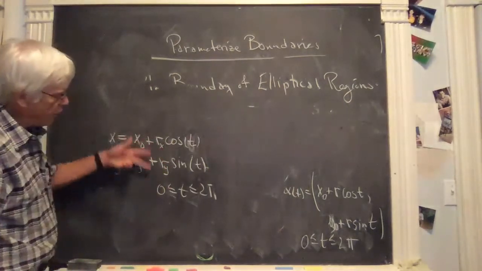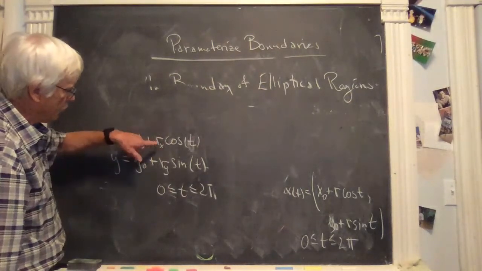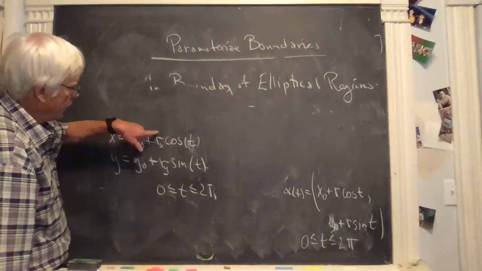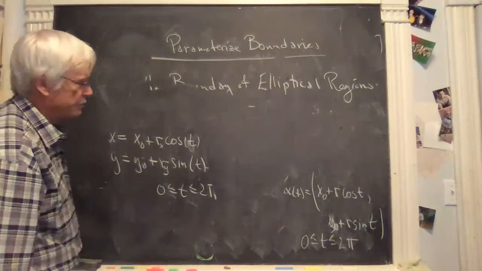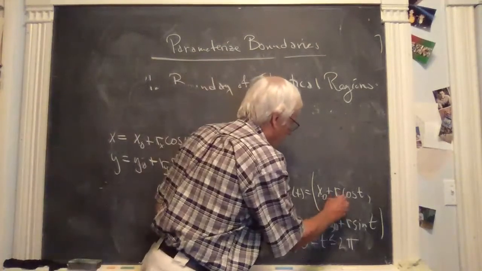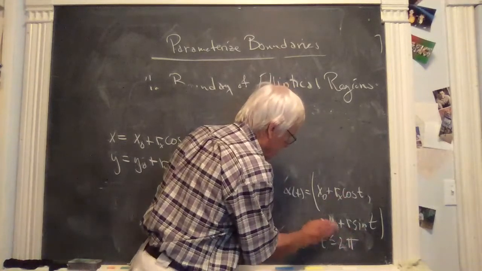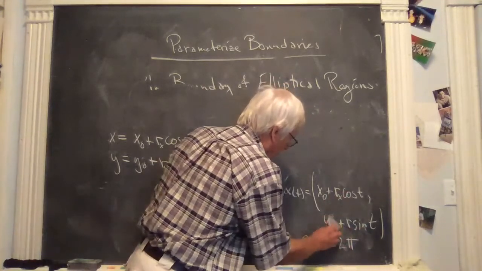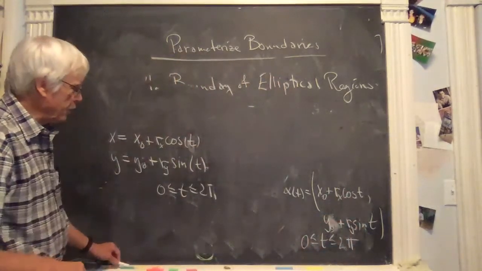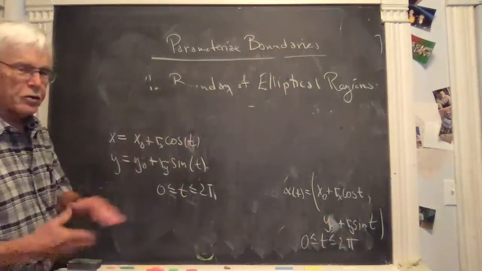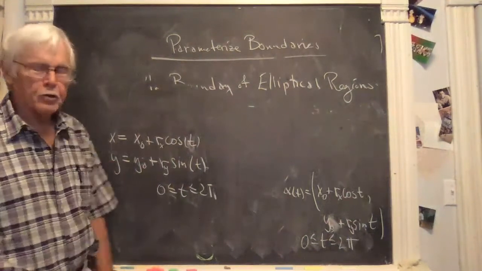But this is the parameterization then for an elliptical region. So if the x radius is 3, this number would be 3. R is not a variable here. And if the y radius is 6, then this number would be 6. And so for an elliptical boundary, oh, this was a y naught. It's very similar to the boundary of a disk, but a little different with the two radii.